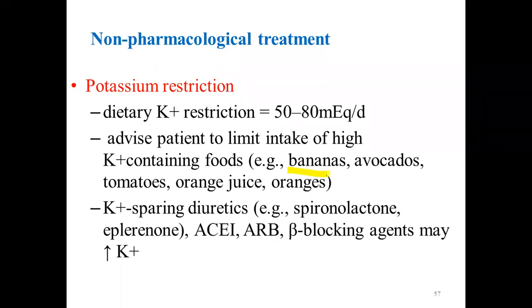So if a patient is having renal issues, it is advisable to limit or not take this kind of food as much as possible. And you need to discontinue all those medications that can increase the potassium level, such as the potassium sparing diuretics. All those medications have a greater potential to increase the potassium level.